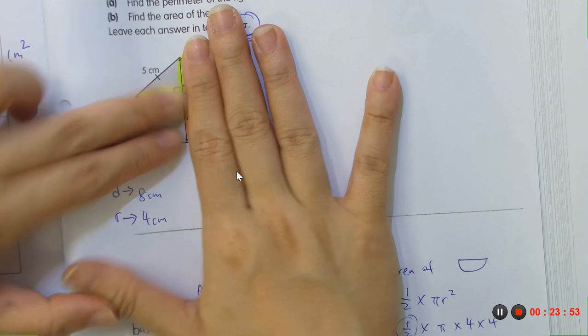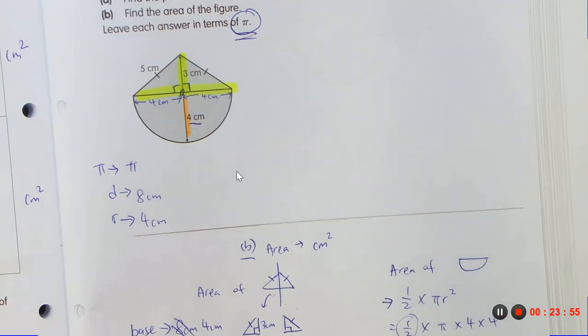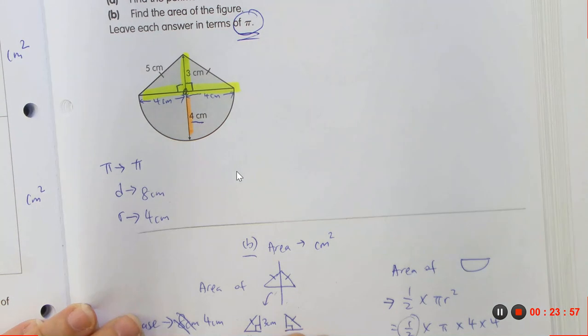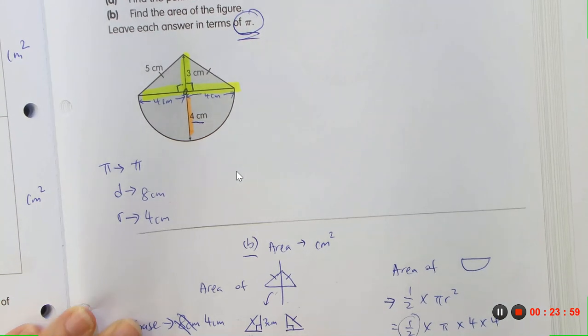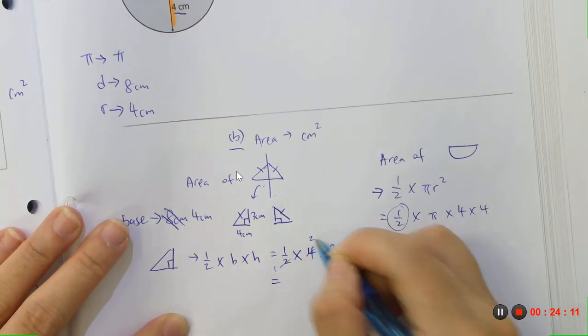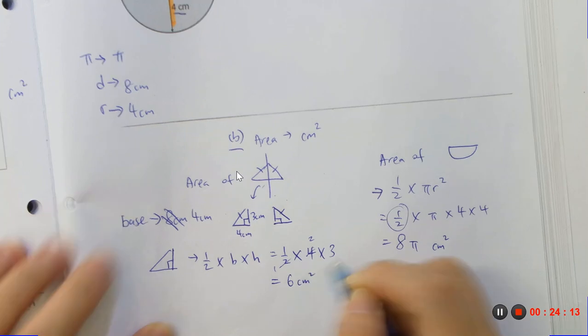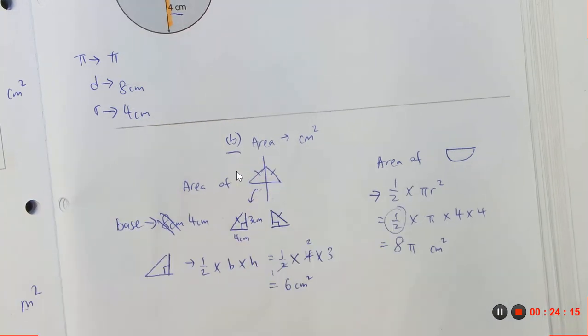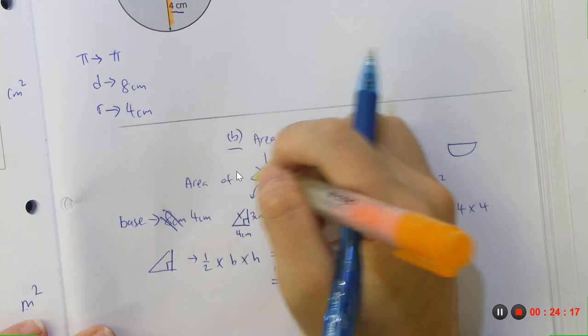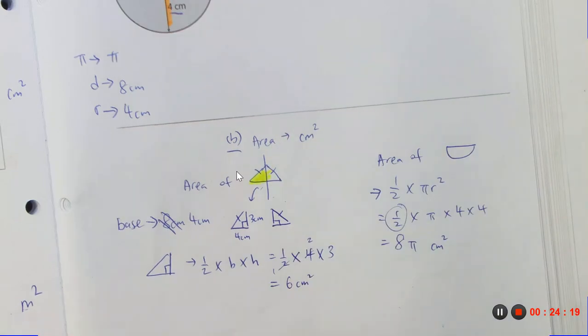And then I find half times base times height, so there will be half times 4 times 3, which is 6. Now, this is only one side. I need 2 of these.